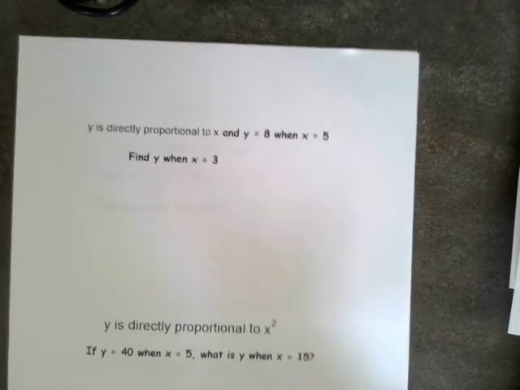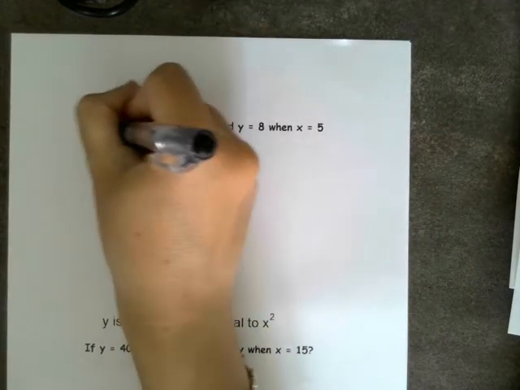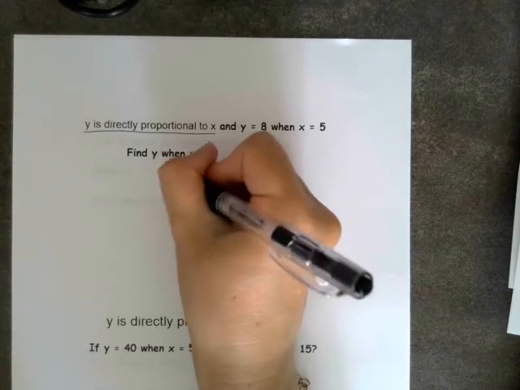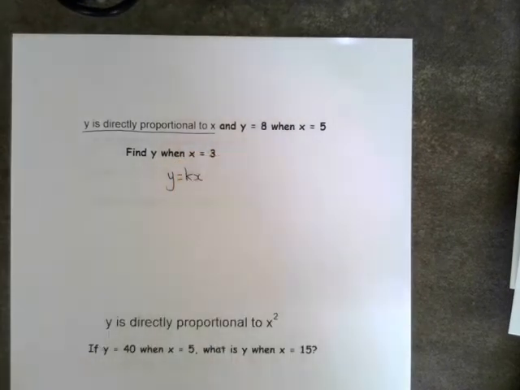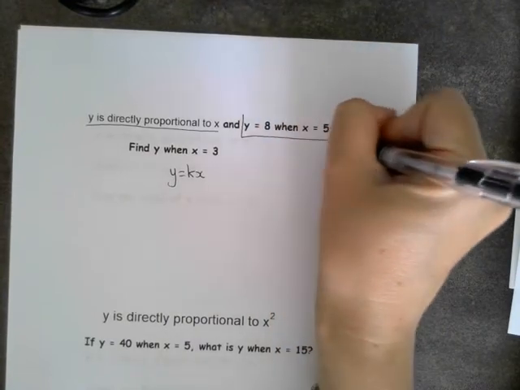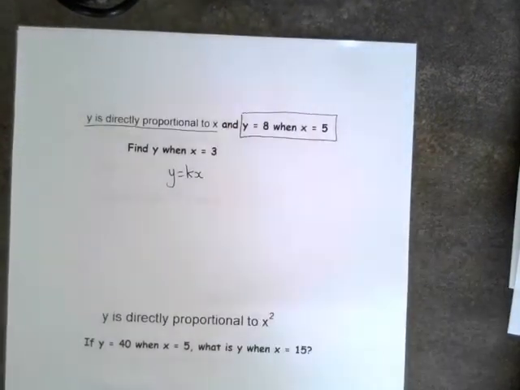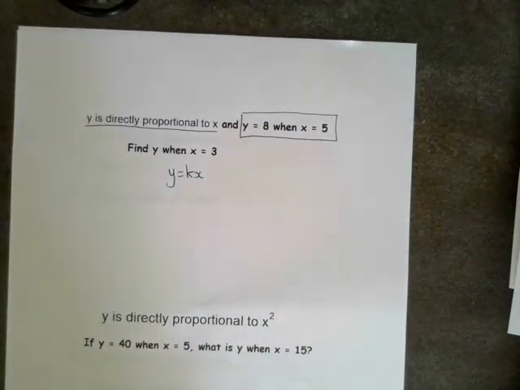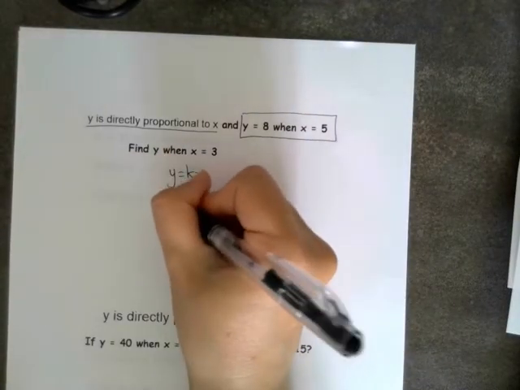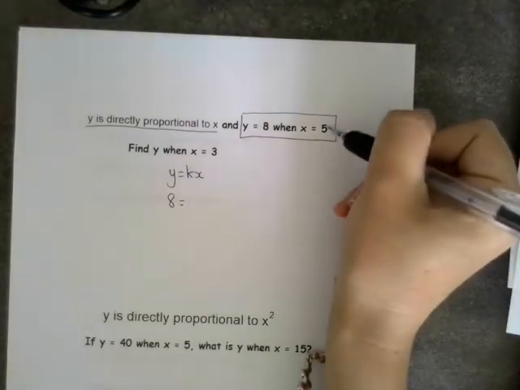So if we have a look at this question here, we know that y is directly proportional to x, so straight away I'm going to write y equals kx. The next step is that you will usually be given some numbers like this, so all you need to do is substitute those numbers in. So we know that y equals 8, so instead of y equals it would be 8 equals, and x is 5.